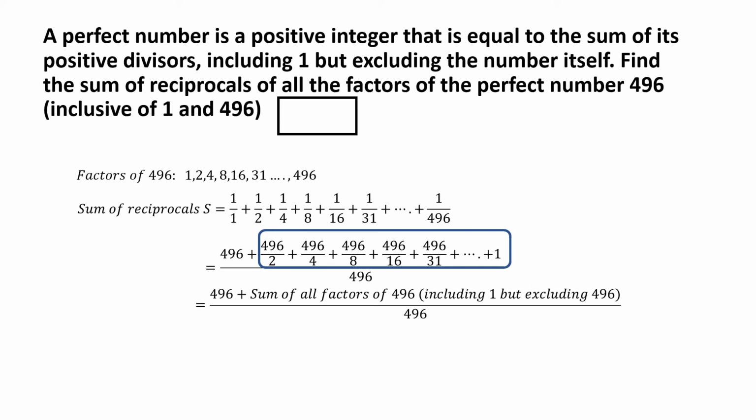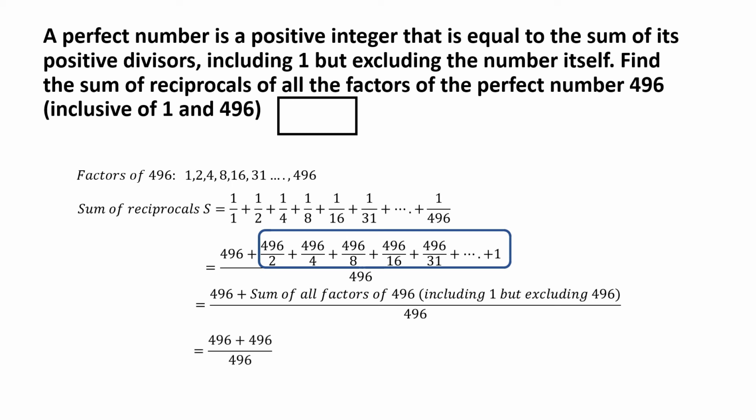But then we have realized that the terms within the box are essentially the sum of all the factors of 496, including 1, but excluding the number 496 itself. And we know this sum will be equal to 496, because it's given that 496 is a perfect number, and that's basically the definition of a perfect number.